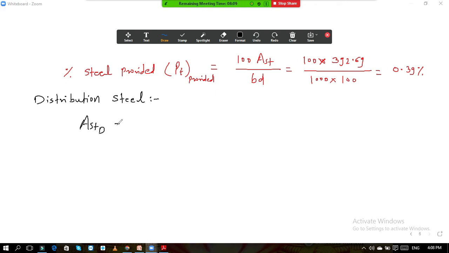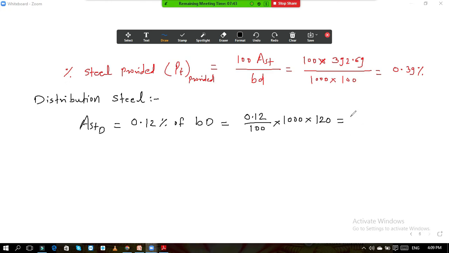The distribution steel Ast d is, Fe415 is given, so it is 0.12% of bD, which is equal to 0.12 divided by 100 into b, 1000, into d, the overall depth, 120.